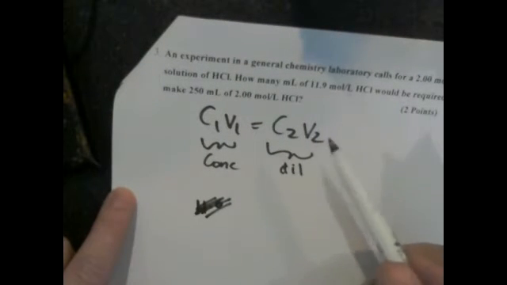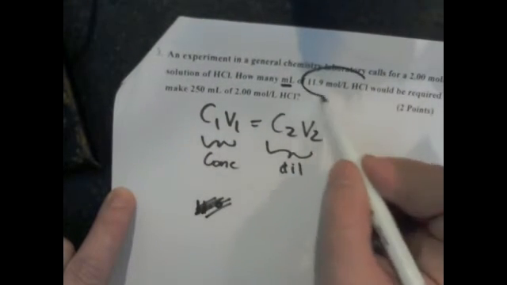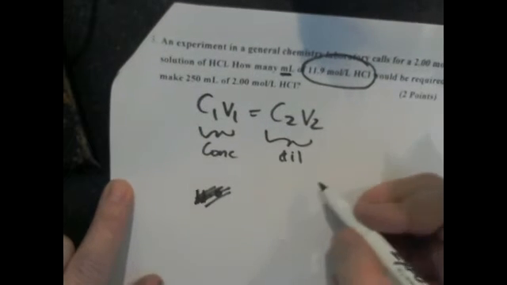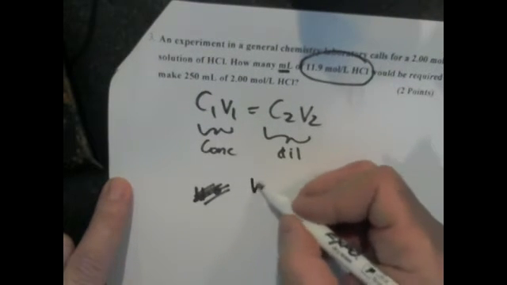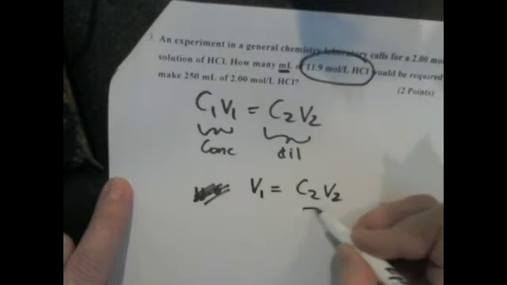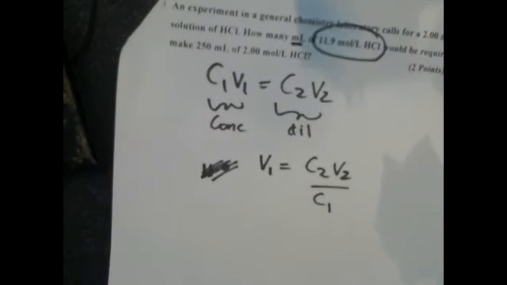What we're trying to solve for is how many milliliters of the more concentrated thing. So we're trying to solve for the volume 1, okay? So we can just do this algebra now. V1 equals C2 on C1, okay? So it's not a bad thing to do the algebra with the symbols first. I was about to start doing the numbers and I kind of had to stop myself.